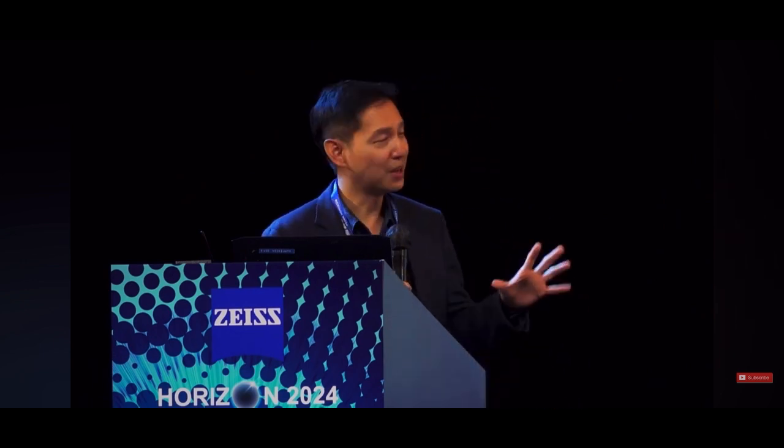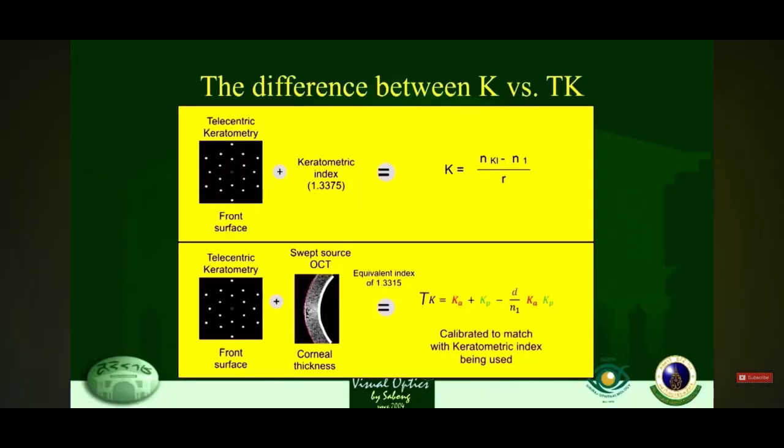When Zeiss derived this posterior cornea data, they tried to stay compatible with the previous K that we have been using. So they calibrate it back to match the keratometric index. By doing that, these two values should be very close, only in the case that the front and back surface relationship is in the normal range.